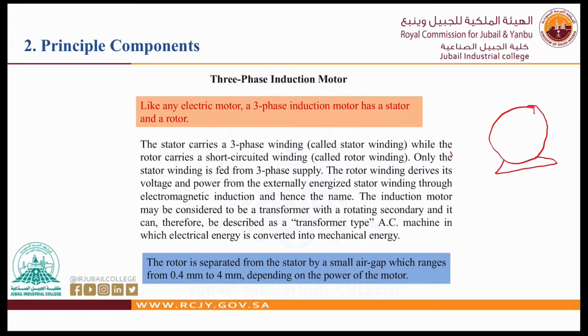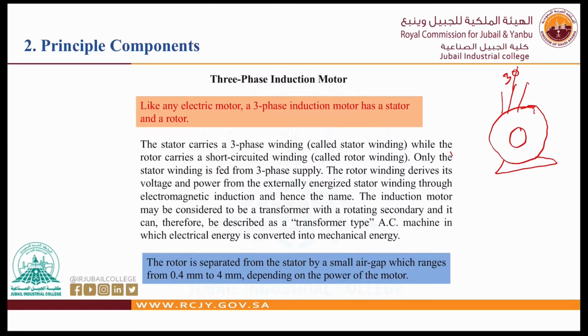Okay, when we apply three-phase voltage on the coil, we understand that we have a rotor here, and this rotor will rotate because we have short circuit either coil or aluminum bars, and we will have a magnetic field going from the stator winding to the rotor winding through the electromagnetic induction principle.